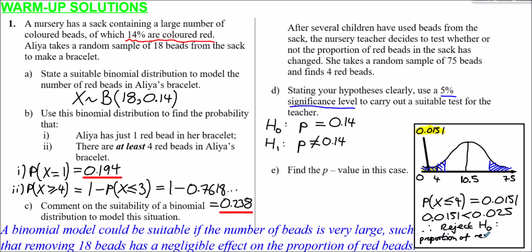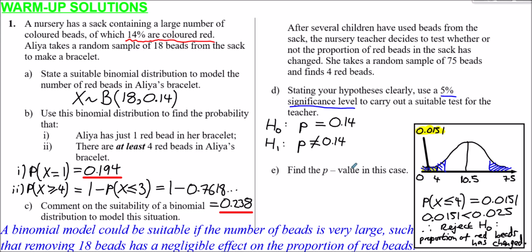We can now start to consider part E. So part E, we need to find the p-value in this case. The p-value in plain English just means the probability of an observed value taking that actual value.